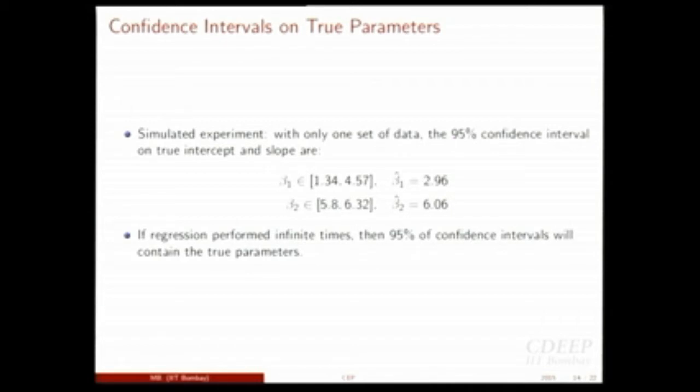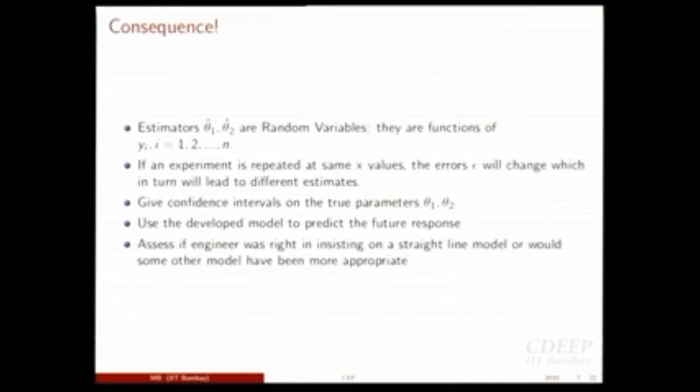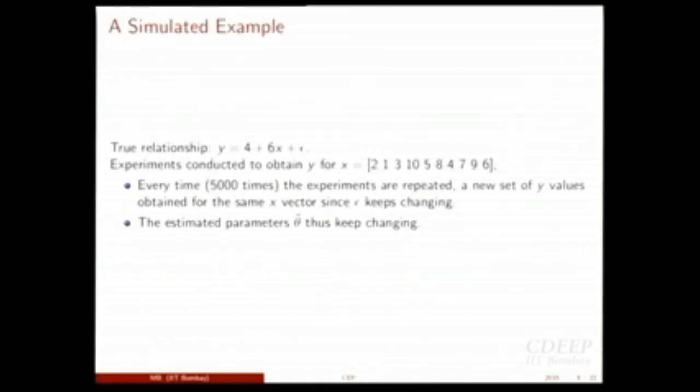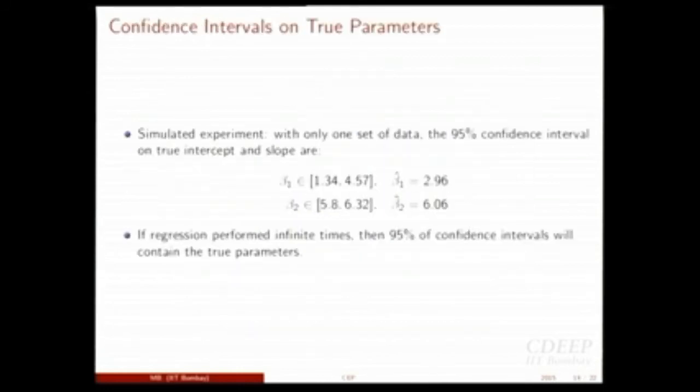But using these estimates and those fit errors, really the fit errors are what help us in doing that analysis. Using the estimated residuals, the deviation between the data and our fitted line, we can also say that, look, this is my estimate of the intercept and the slope, but I know this can change if you change the data set.